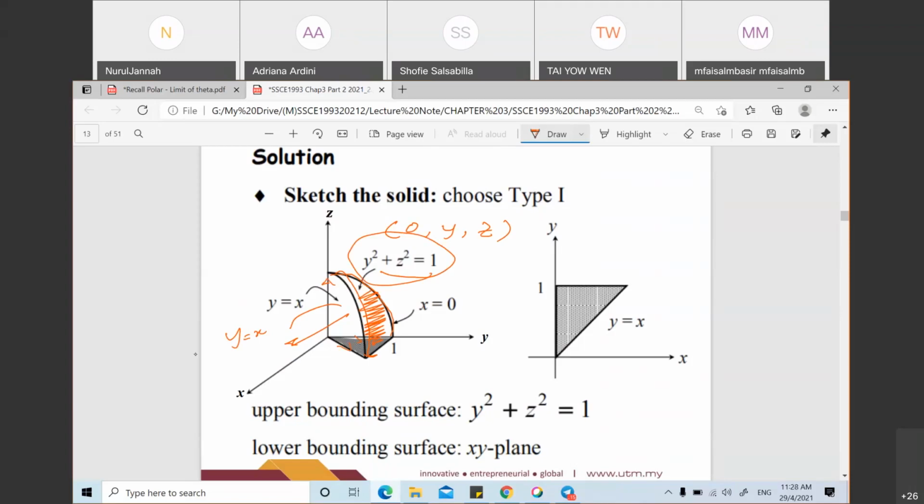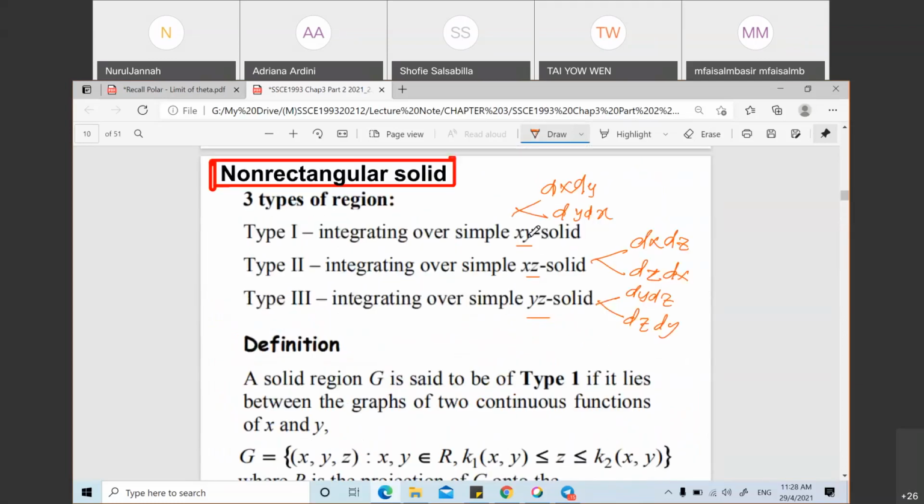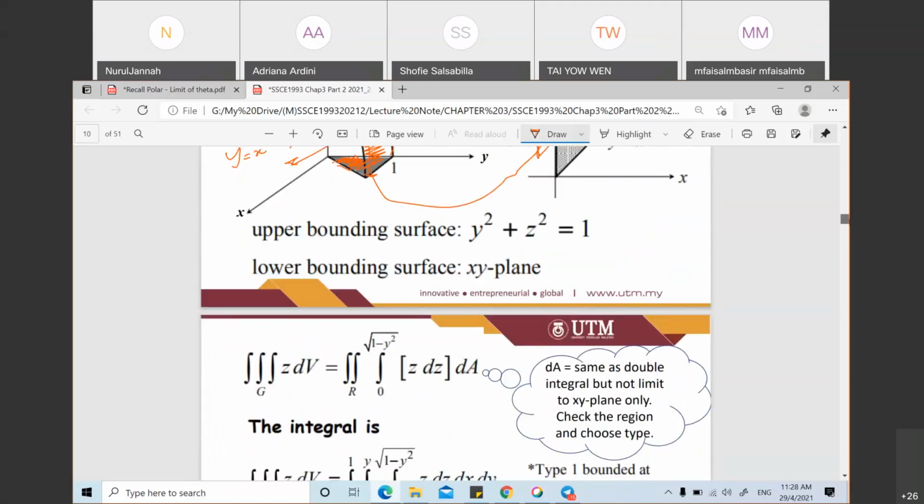Okay, if you have to choose type 1, which is you are integrating over simple x, y plane, that's why I have to shade this. I took this, I keep here. Why do I do this? Because we can choose only one. If I use type 1, I have to sketch the bottom part.